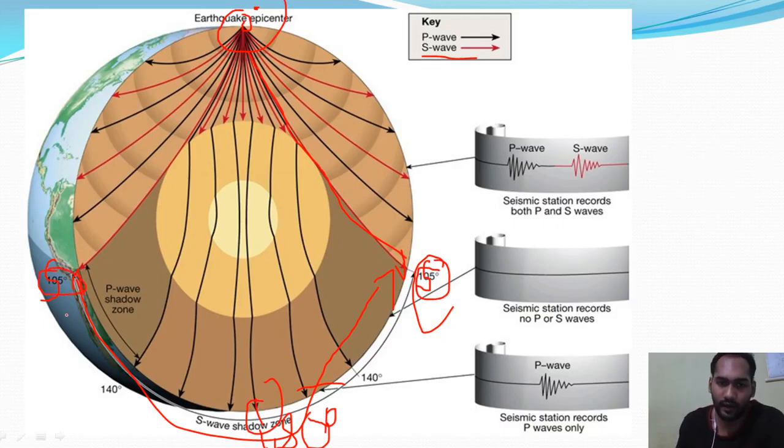So from 103 or 105 on either side, we will not get any direct S wave in that region. So that is your S wave shadow zone.